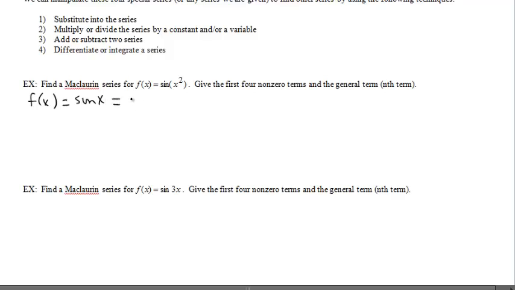It starts at x and alternates. And actually, I don't think the +1 is here. Well, I didn't do a good job.